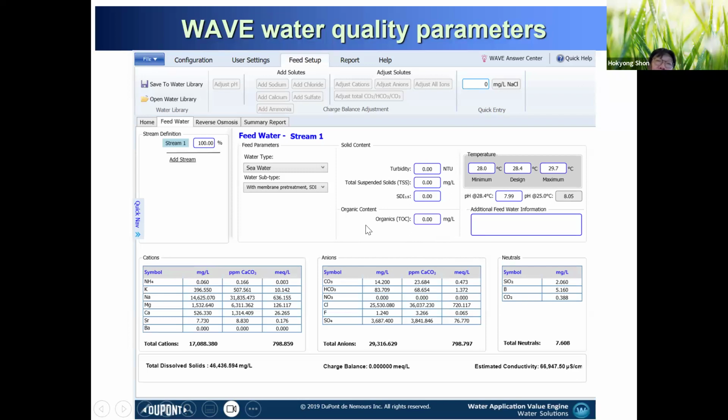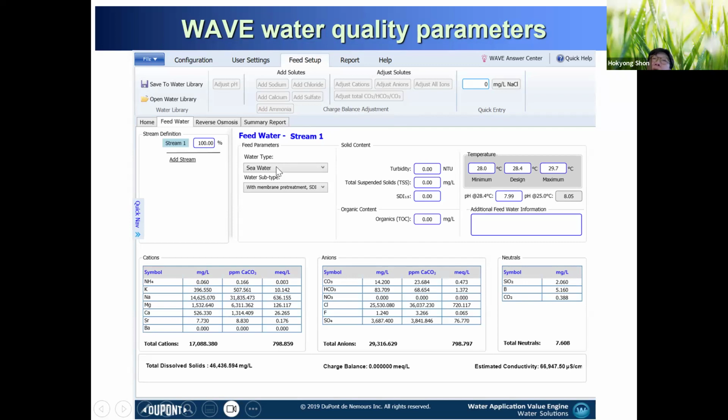Tomorrow we have to put in all the water parameters based on what you know from your scenario. If you look at the appendix, your water quality data is available, so you can utilize the scenario's given water quality information.